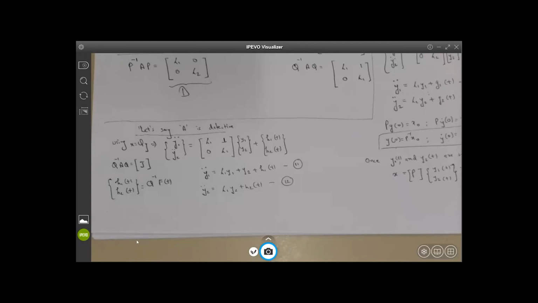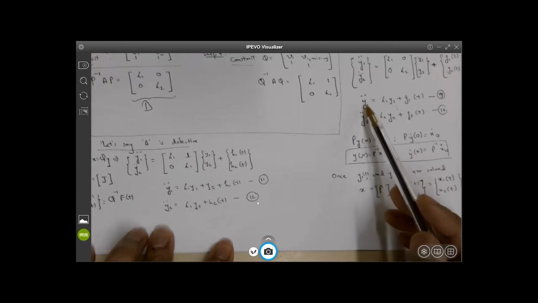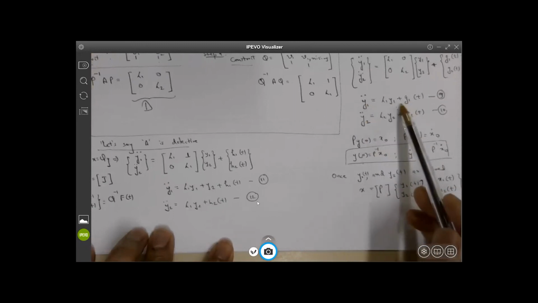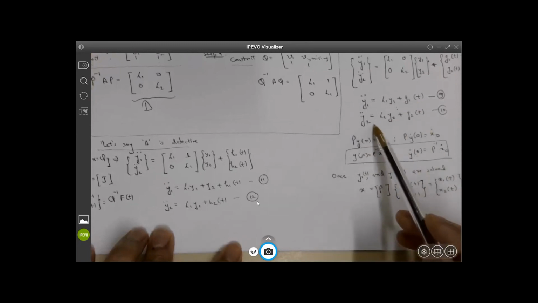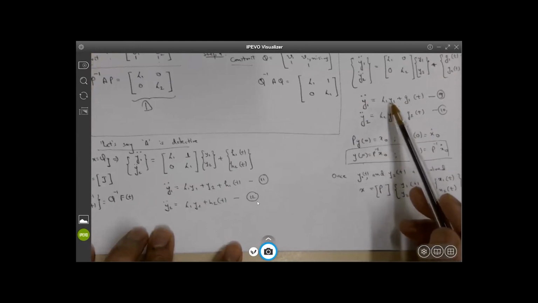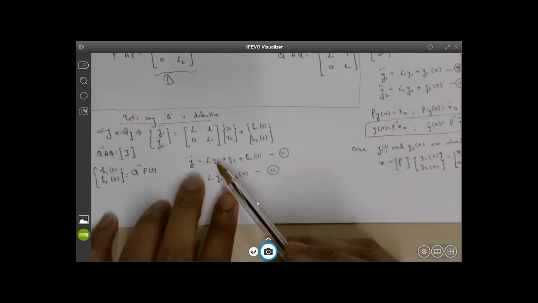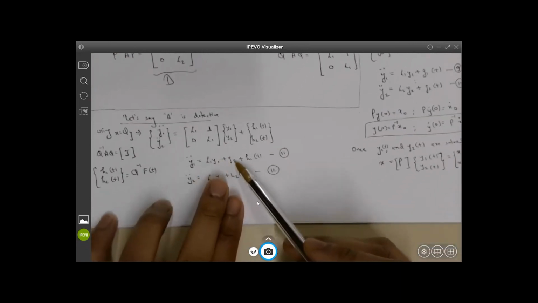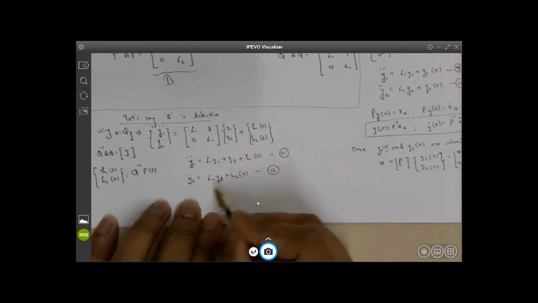Yes, Professor. If you see, it is not an exact diagonal form where you have uncoupled equations. In the diagonal case, one equation does not have any y2 variable and the other does not have any y1 variable, so these are uncoupled equations and you can solve each of them independently. Here, the first equation does have a y2 term, so it is still coupled. But the second equation has only the y2 variable, no y1.